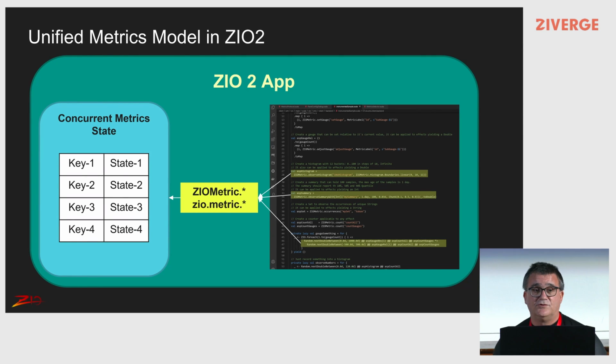The way we are doing it, we have a unified metrics model in ZIO 2. The metrics model holds a concurrent state and we have defined an API that's mainly inside the ZIO metric package. Any call to one of the methods in there would modify our concurrent state.